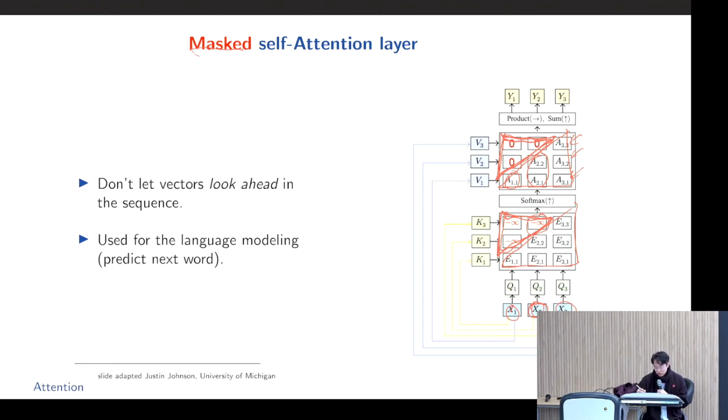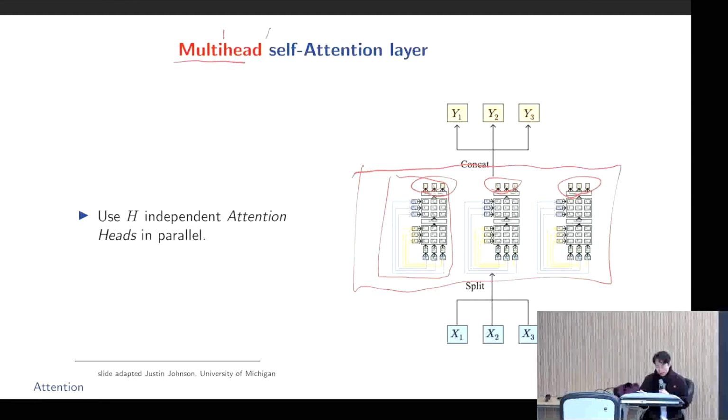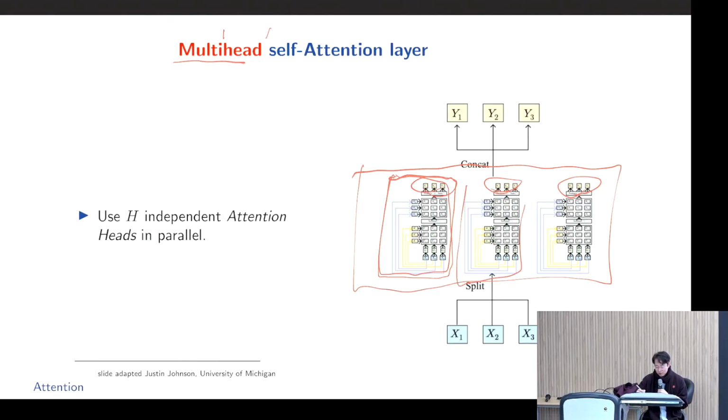So what you do is you have this specific mask where the similarity scores are set to negative infinity, and the corresponding attention score is set to 0 and never changed. So you prevent the model from looking into the future. And you have these self-attention modules stacked on top of each other, and you have multiple heads. So that's called a multi-head self-attention layer.